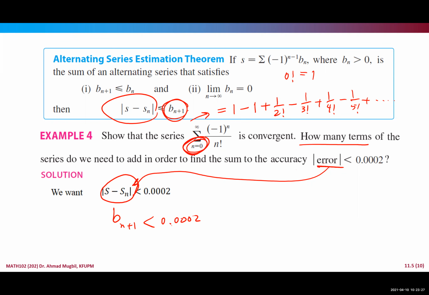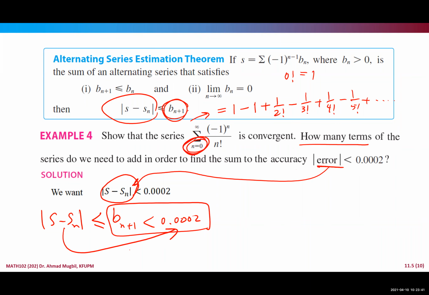If this is happening, then of course, as I said, the error is bounded by Bn plus 1.